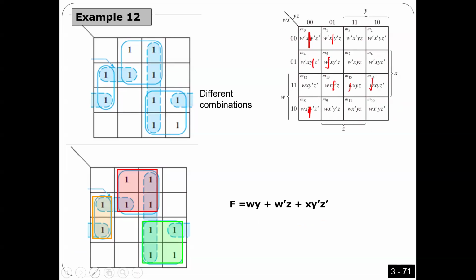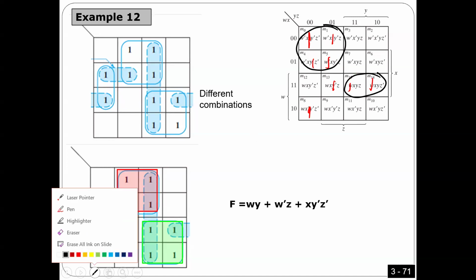Let's think about it together. First of all, I can't make a group of 8, so the best thing is to take these 4 together. Now, can I make something if I want to cover this one? Is there any other option than this one here? I don't think so. Just give me 1 second, I'm done.